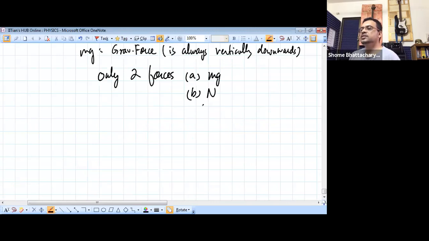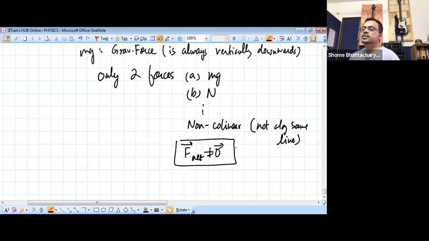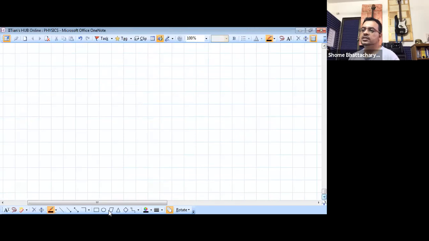And you can see that they are non-collinear, that is, not along the same line. So that means net force cannot be zero, because two forces which are non-collinear cannot cancel each other. So that means acceleration has to be non-zero. Now let's logically think in which direction the acceleration will be.